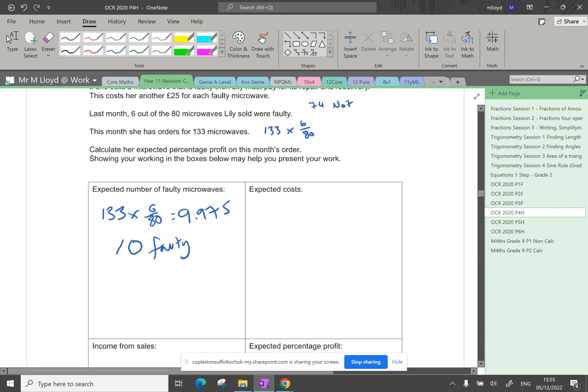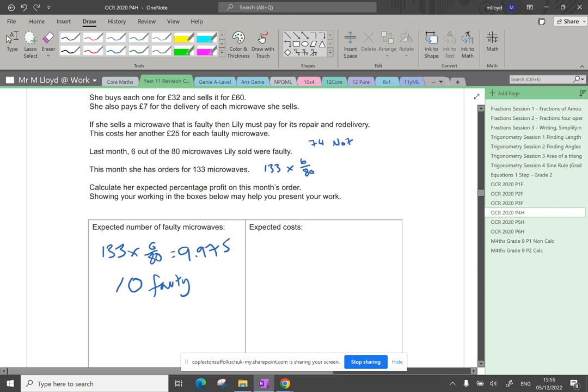Right, our expected costs. So she's going to buy 133, which costs her £32, and the delivery of each one is going to be 39. That's the 32 plus the £7 delivery. That is 5,187. And then we've got the 10 faulty ones.